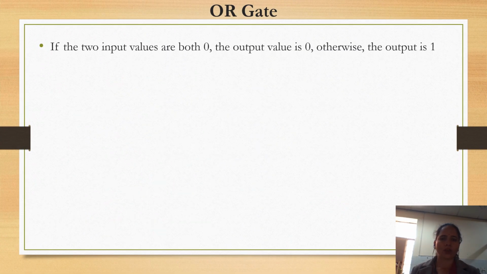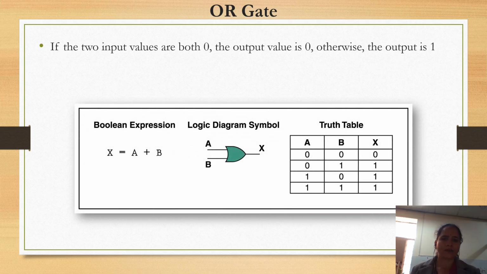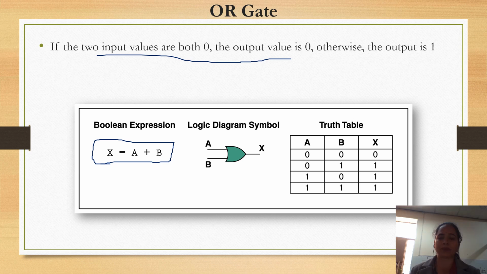Now the OR gate. OR gate means if two input values are both 0, then only the output will be 0, otherwise the output is 1. The expression is represented using the plus symbol.